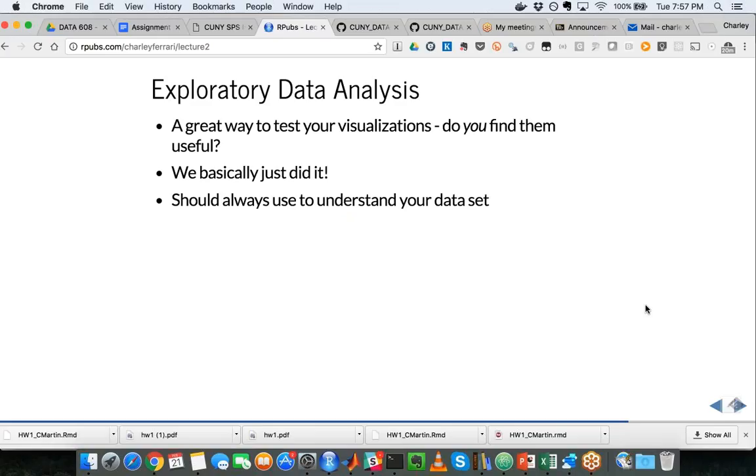So this homework was meant to be an exercise, a guided exploratory data analysis. This data set is very similar to the sorts of data sets that you would see in the wild, where you have several cases. In this case, each case represents a company, and you're looking to derive some meaning from your data set.